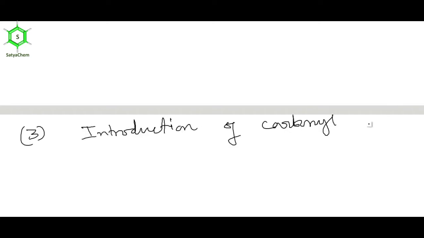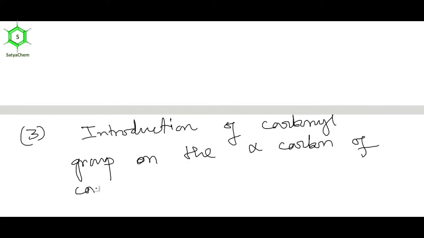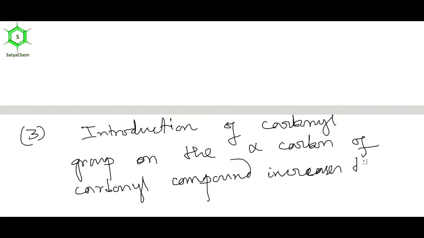Next example is, by the introduction of a carbonyl group on the alpha carbon of a carbonyl compound, the enol content increases. Again I am telling you, by the introduction of a carbonyl group on the alpha carbon of a carbonyl compound, the enol content increases. So I am writing this: introduction of carbonyl group on the alpha carbon of a carbonyl compound increases the enol content.